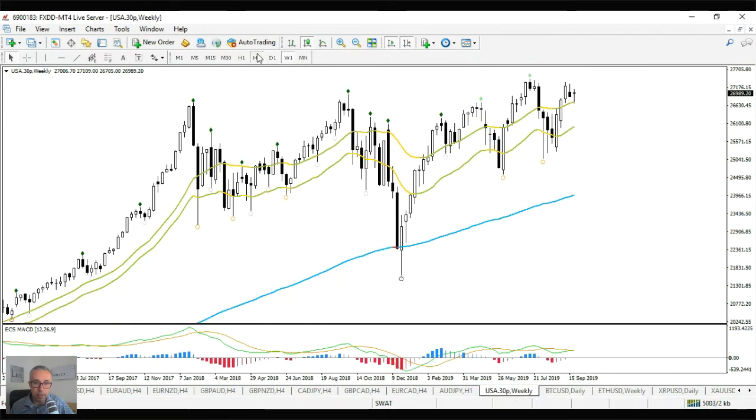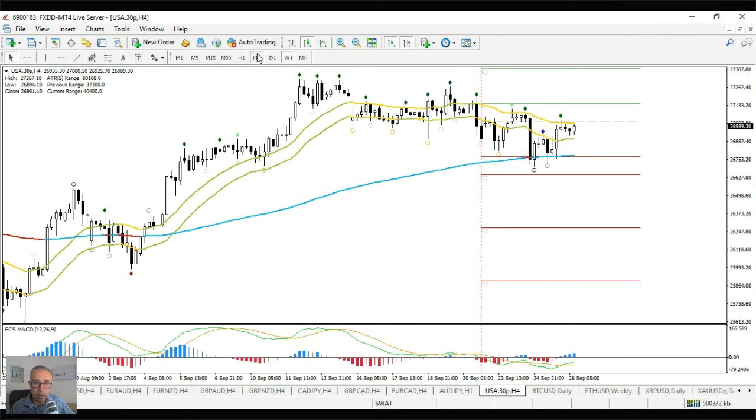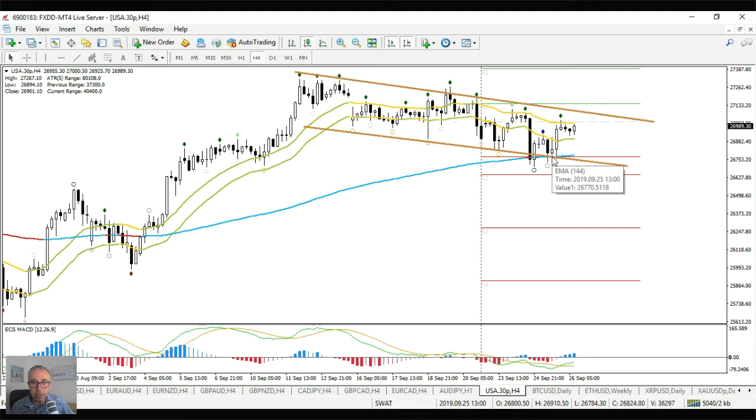Let's see. Yeah, Dow Jones. I was bullish on this one too because of the flag pattern. So, like this. And indeed, it bounced twice at the bottom, pulled back, and then moved up again.